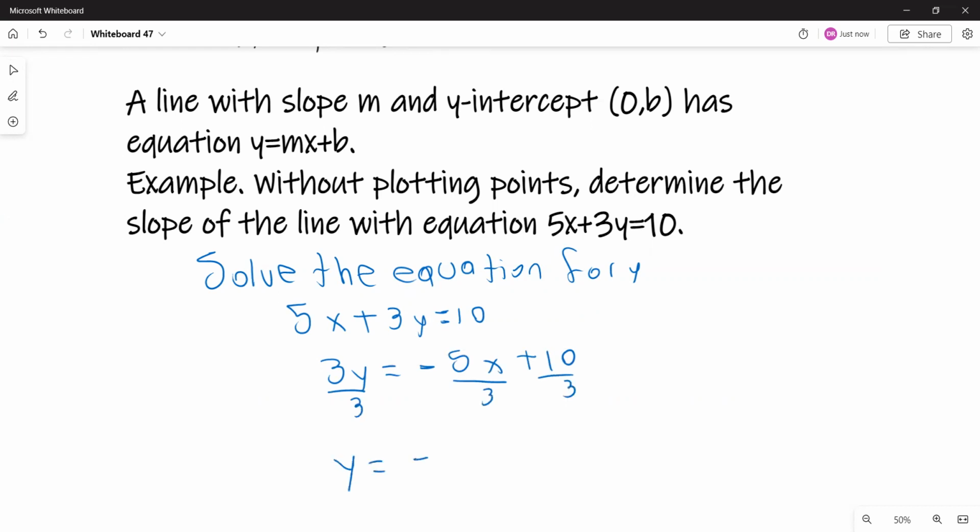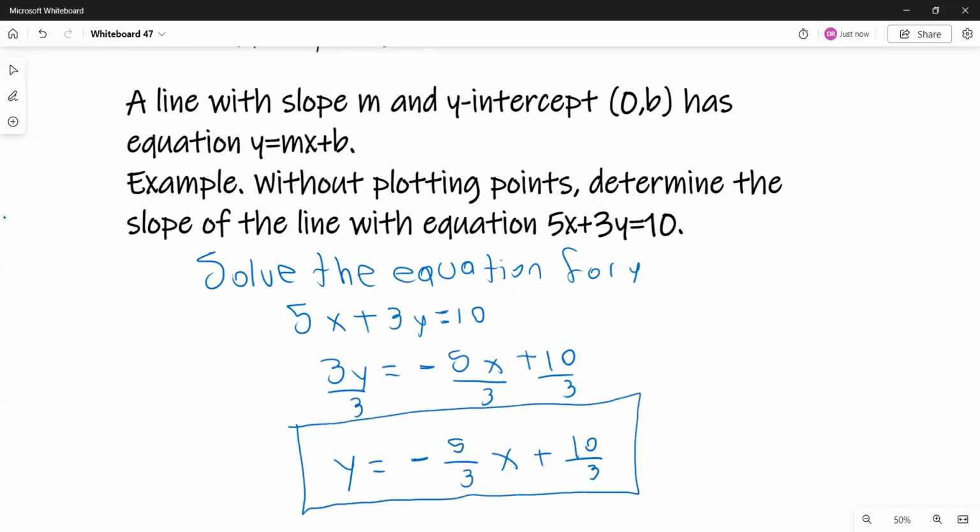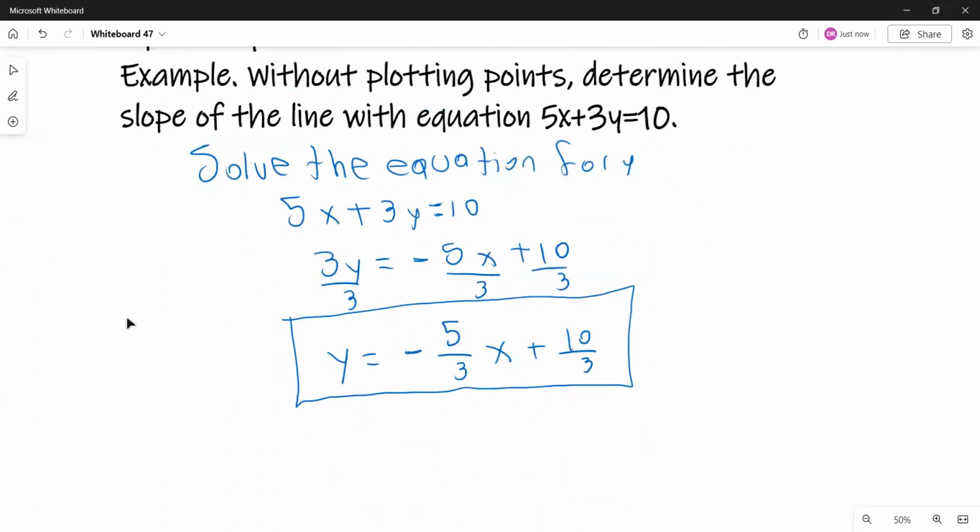And y equals the opposite of 5/3 x plus 10/3. Okay, and the slope is negative 5/3. And not only that, we also know that the y-intercept is 10/3, or (0, 10/3).